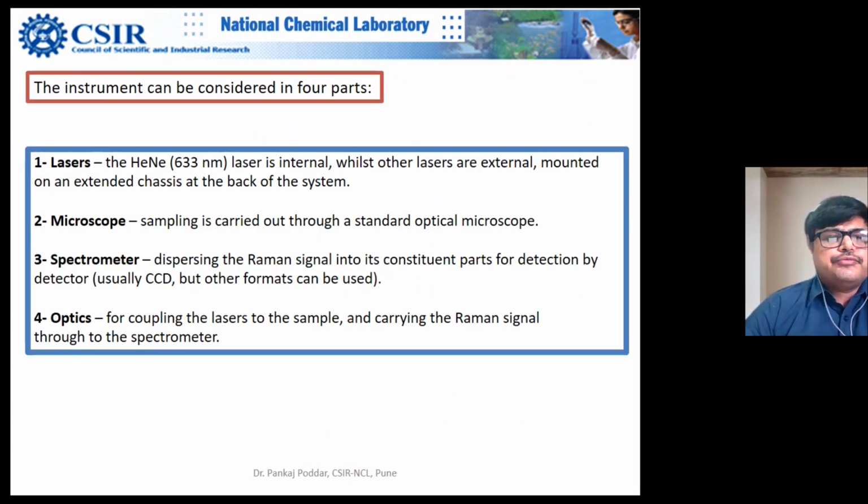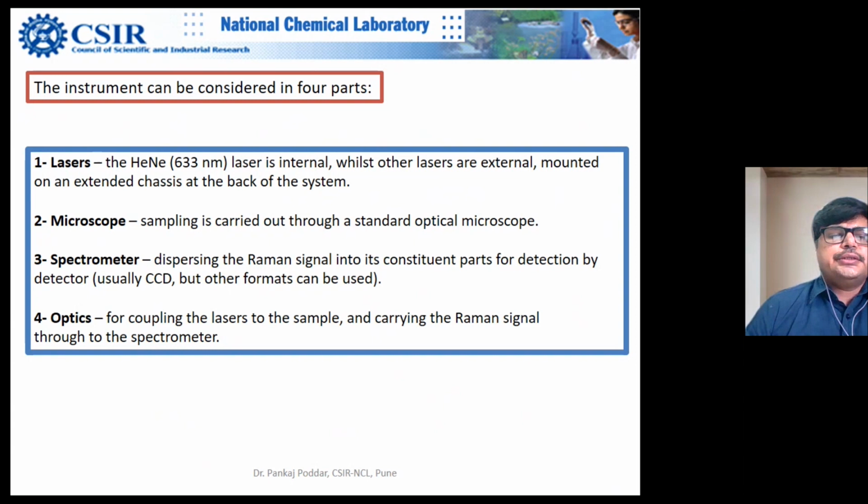We can divide the Raman instrumentation into four parts. First is the different kinds of light sources, normally lasers. We don't use quartz junction lamps or something else these days. We solely use different kinds of lasers depending upon the frequency, the energy which we are using.